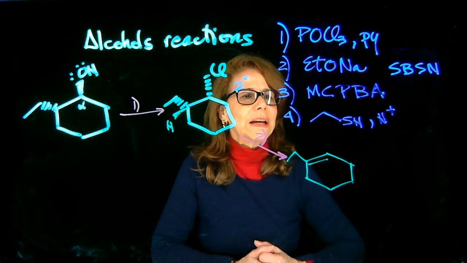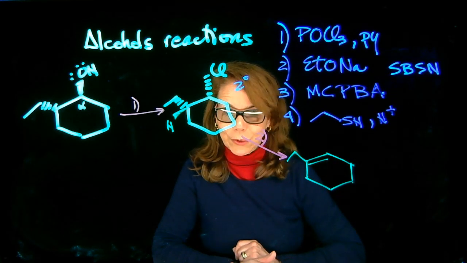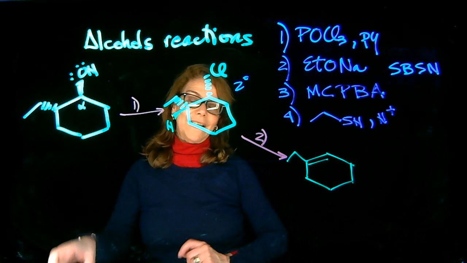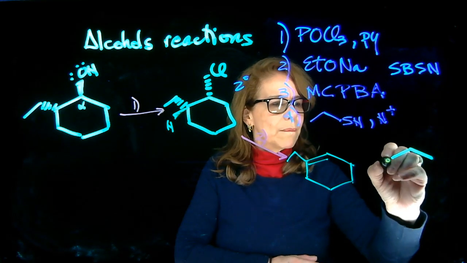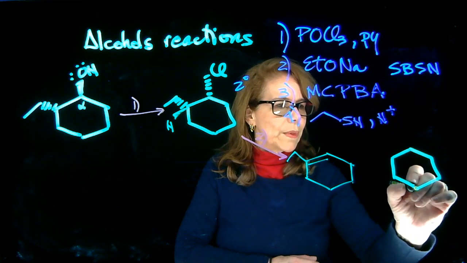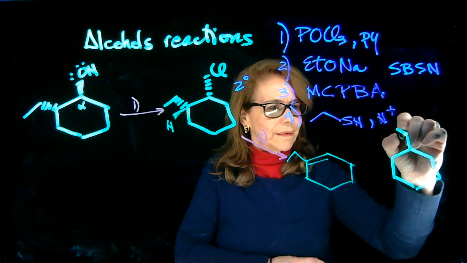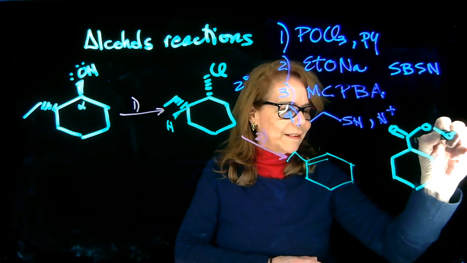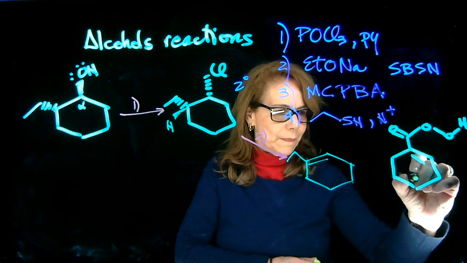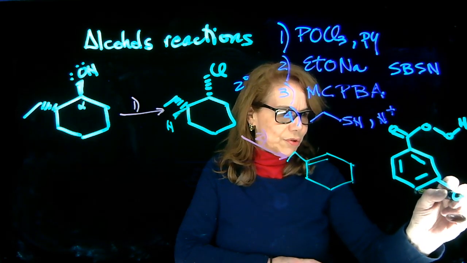Okay, now that I have that alkene, I see that reagent, metachloroperbenzoic acid. This time, just let's remember what is that reagent. So let's do benzoic acid, similar to benzoic acid, but now you will have an extra oxygen. That is a per acid. And in the meta position, you have a chlorine.